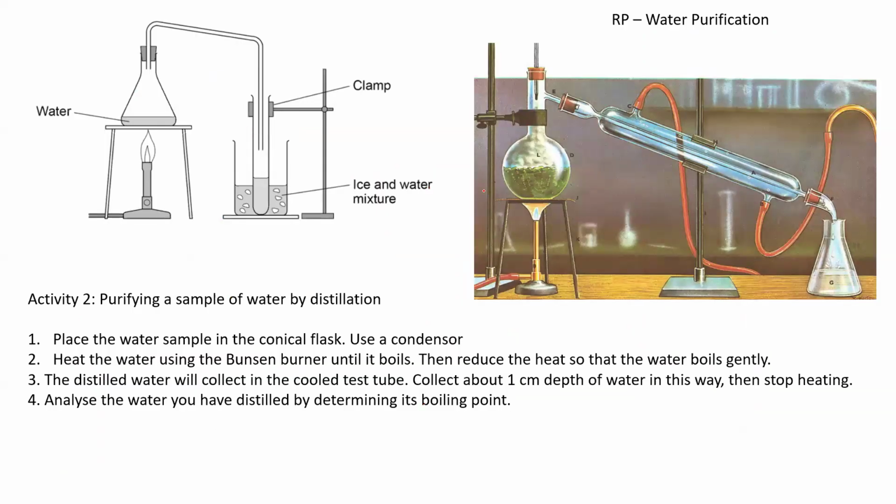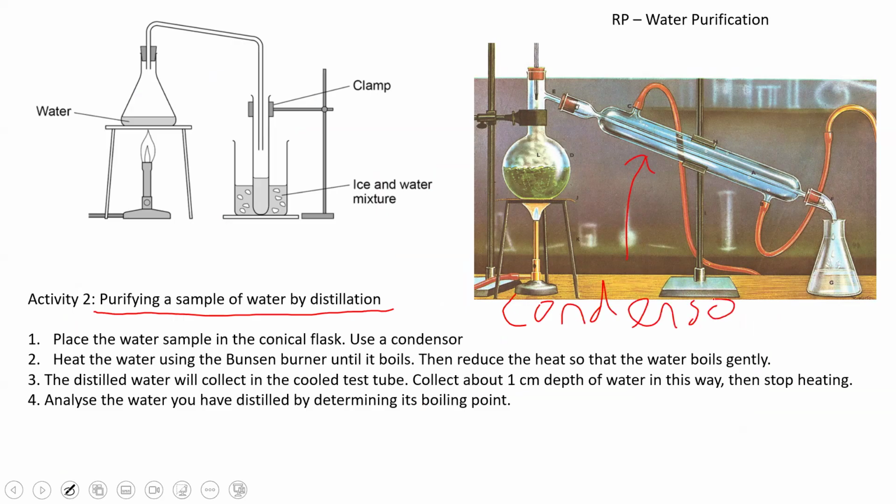Method number 2 is they might ask you, how do you purify a sample of water? To purify your sample of water, you're going to have this piece of equipment on the right-hand side, which is a condenser. The condenser is sometimes called a Liebig condenser.